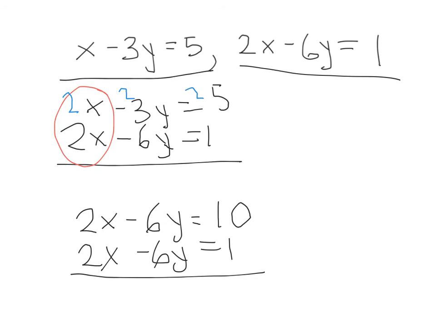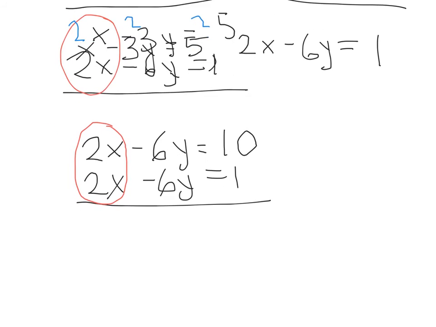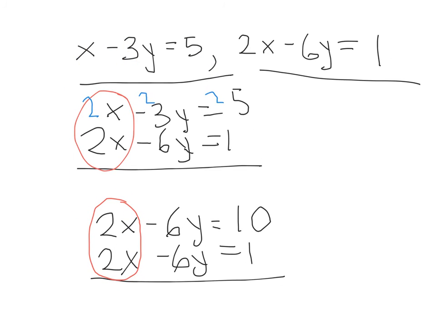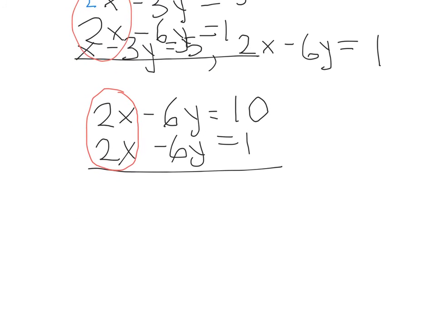Once I have my coefficients matched up in front of one of the variables, x, then I'm ready for the next step. The next step here is subtraction. So I'm going to subtract everything in the second from everything in the first.